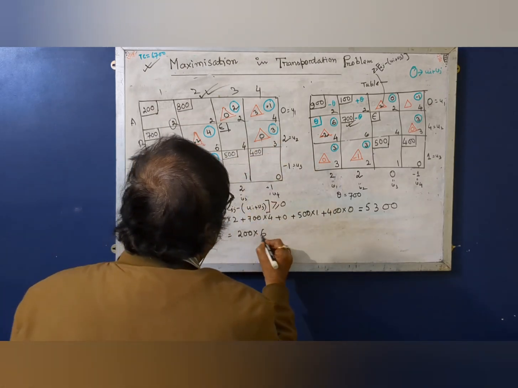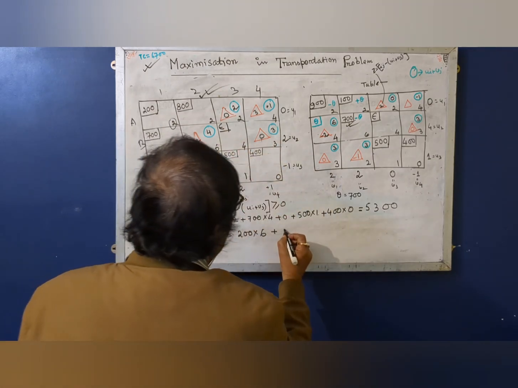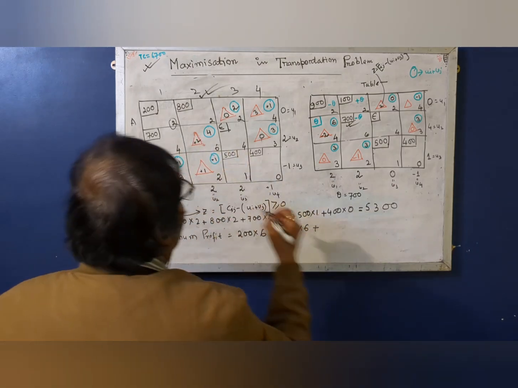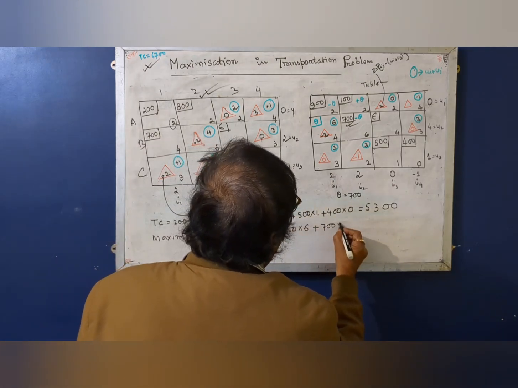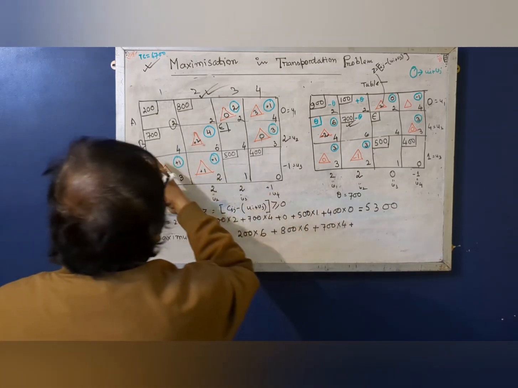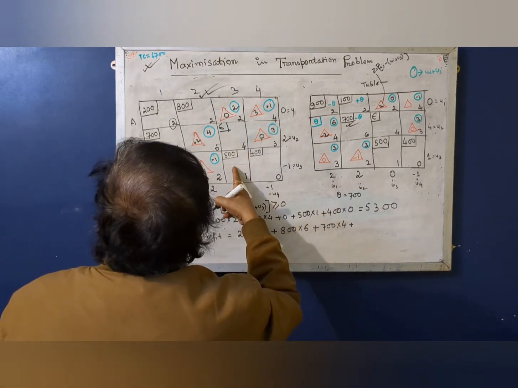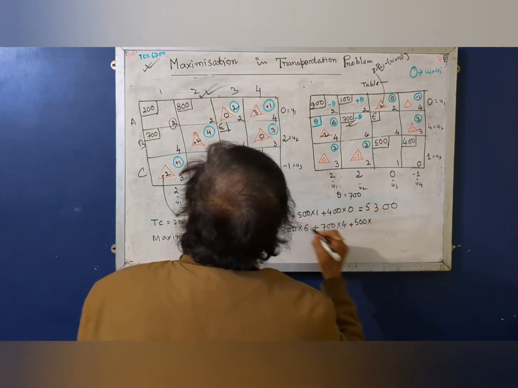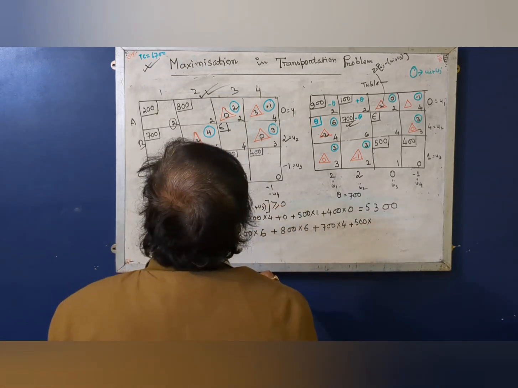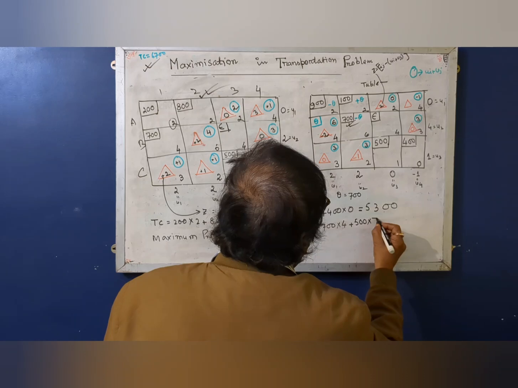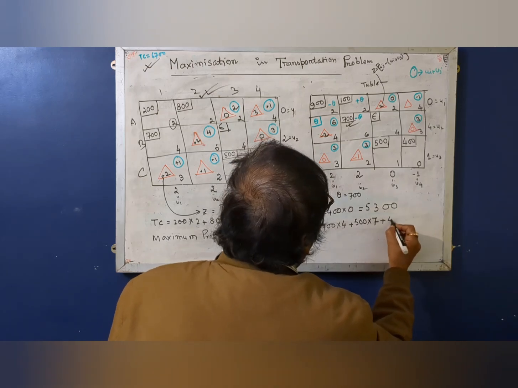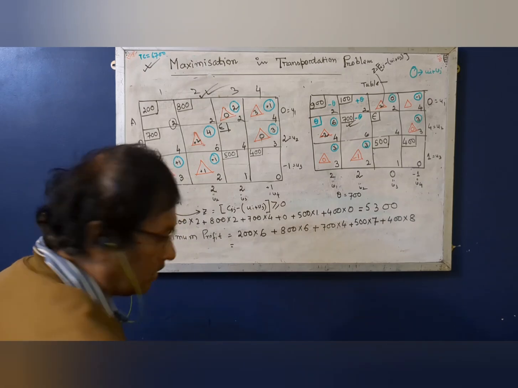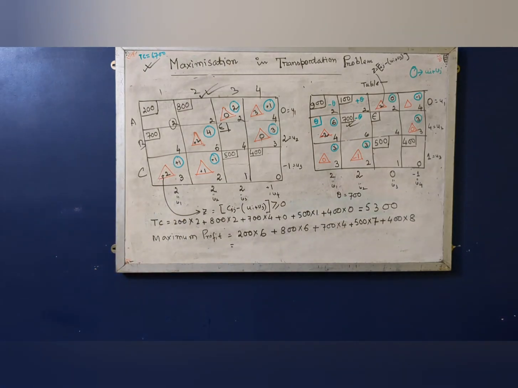Because after subtracting, you can check from the problem: 200 into 6 plus 800 into 6 plus 700 into 4, plus epsilon which we will not consider, and 500 into 7, because it was 7 only, plus 400 into 8. This will be the maximum profit. And how much is it? You can check.